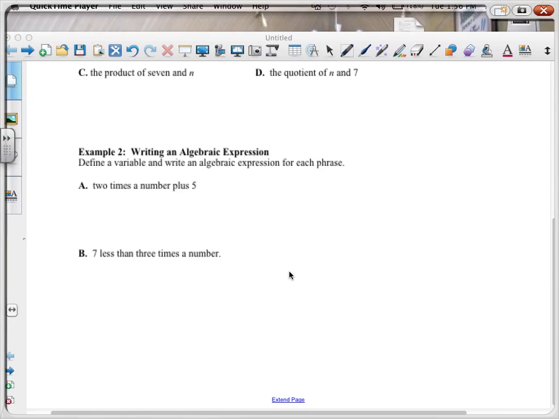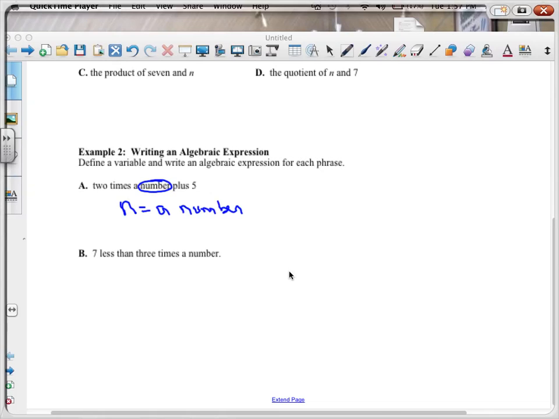So we're talking 2 times a number plus 5. We need a variable for this number because we don't know what it is, so we make a symbol for it. We could use x, y, or n. I'm going to use n. We'll say n equals a number. Then we're going to use n anywhere we see that number.